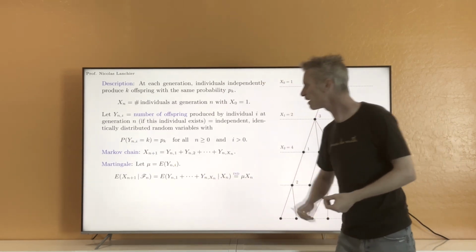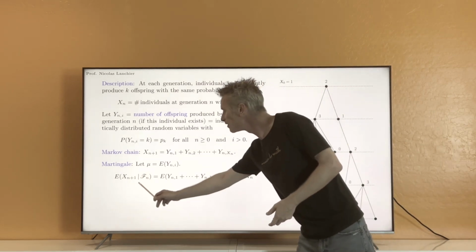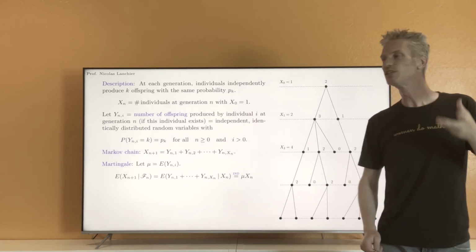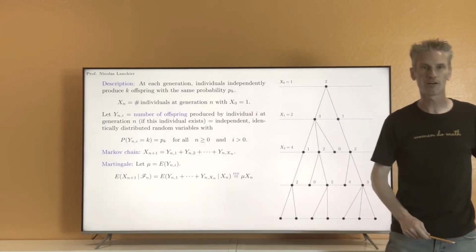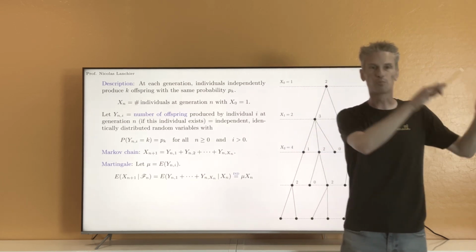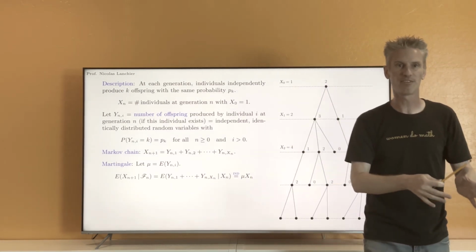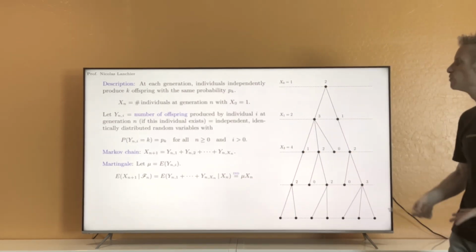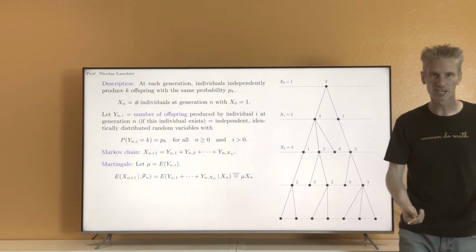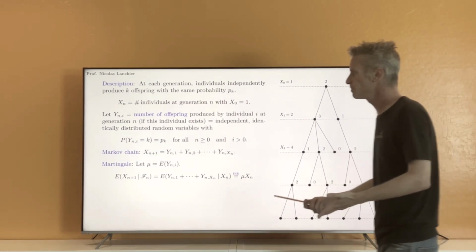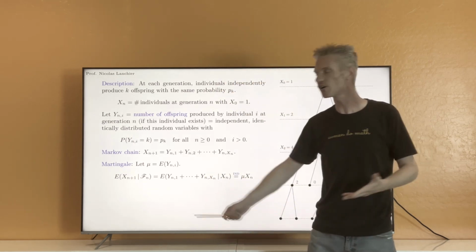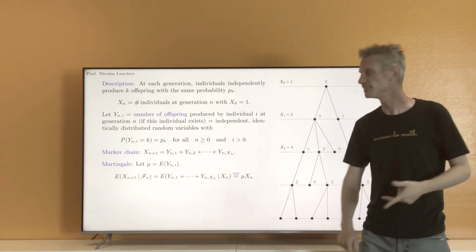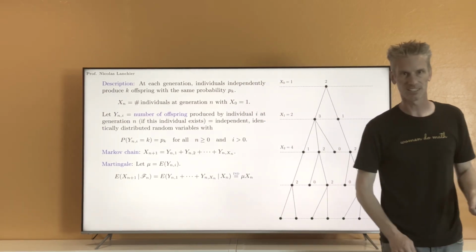And then instead of conditioning on F_n, you can just condition on X_n, because we just proved that the process is Markov anyway. Markov means that the probability of any event in the future given F_n is equal to the same conditional probability given only X_n. That obviously also works for conditional expectation: the conditional expectation of something in the future given F_n is equal to the same conditional expectation given X_n. That's why I can replace F_n by X_n here.